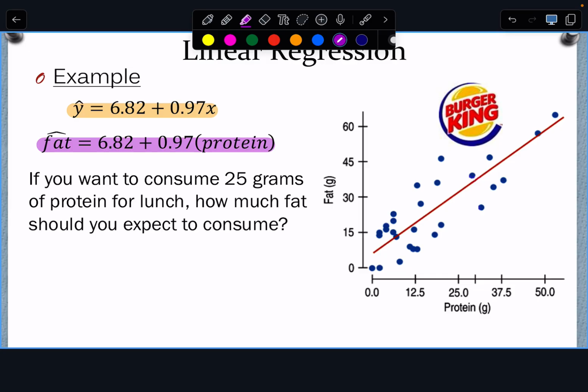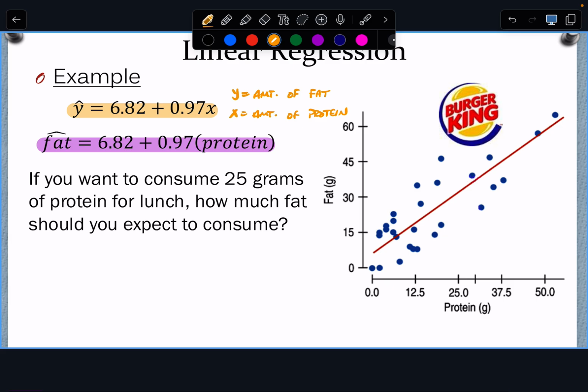So if I were doing this on a problem where I was coming up with the equation myself, after I write the equation, I would have to say y is the amount of fat and x is the amount of protein. So when we start to write our regression models, if I'm going to use the x and the y notation, then I have to define x and y as well.